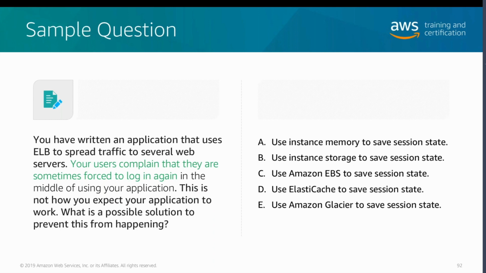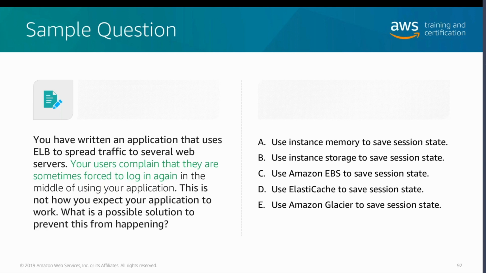So sometimes your users are being forced to log in again. Users are prompted to log in probably because we're not storing session state correctly. So maybe we're storing it on the instance and the user's getting moved off to a new instance, or something like that.